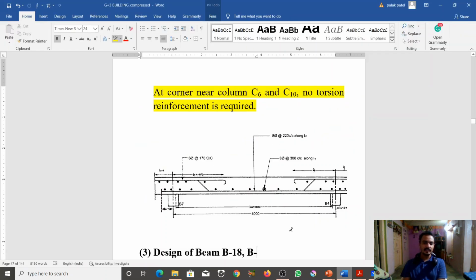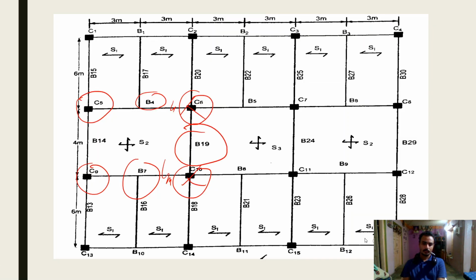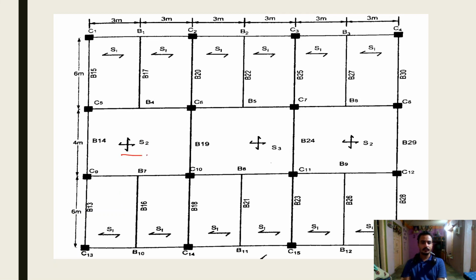So our slab design is completed. In this lecture we completed the design of S2. The slab is completed; S1 is an interior panel. You can practice S3 for the design, just changing the coefficients of the bending moment.